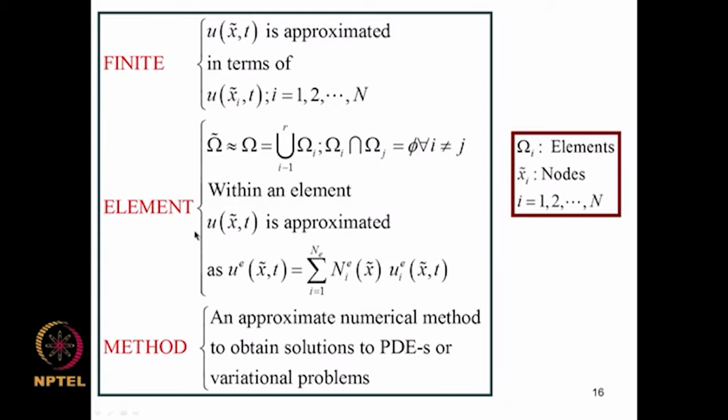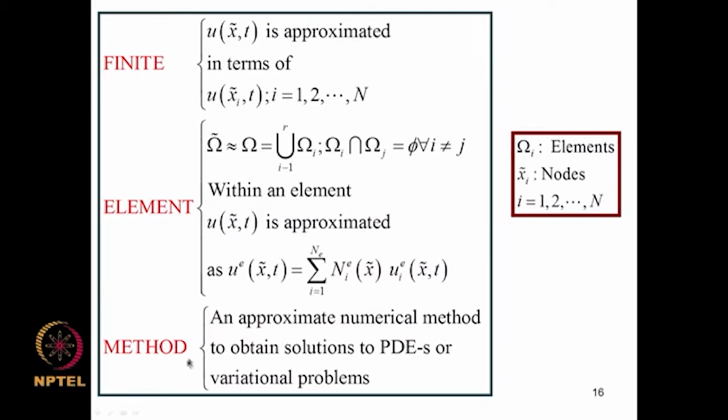The element is that the domain of interest is approximated by omega tilde, and this is taken as a union of a set of non-intersecting subdomains, and each one is an element, and within an element the field variable is approximated in terms of interpolation functions and nodal values. So this renders credence to the name element.